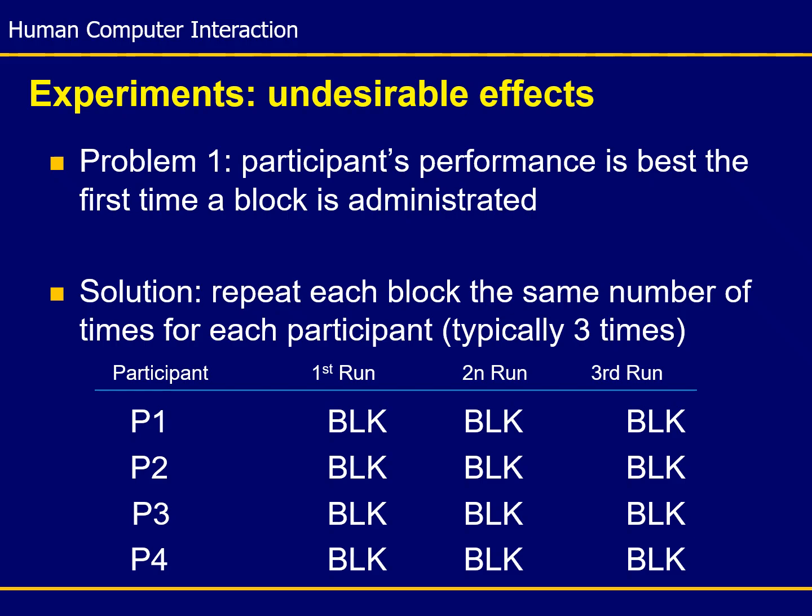So let's go back to the issue of controlling things. We need to control for what's called undesirable effects. So I've stated them here as problems that we need to address in any experiment. The first problem is that the participant performance is best the first time a block is administered. Why is that the case? This is very much applicable in the case of HCI. There is a concept called the novelty effect.